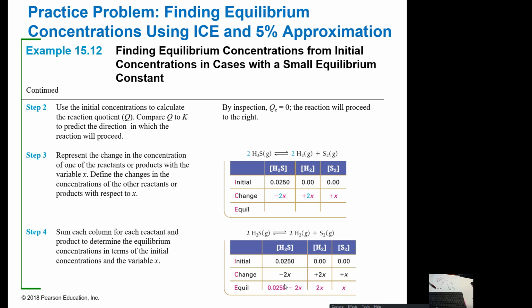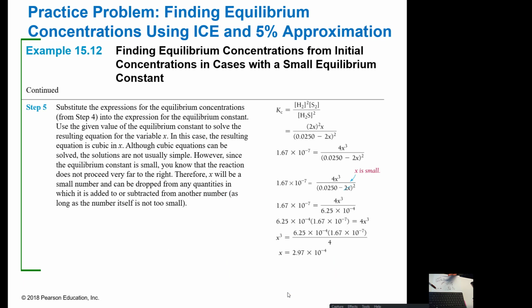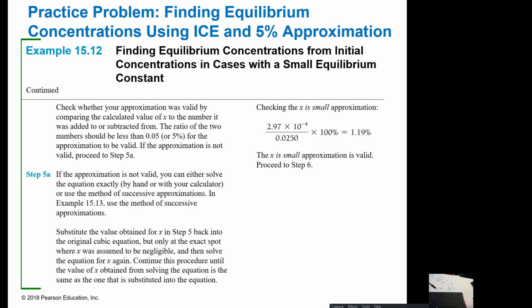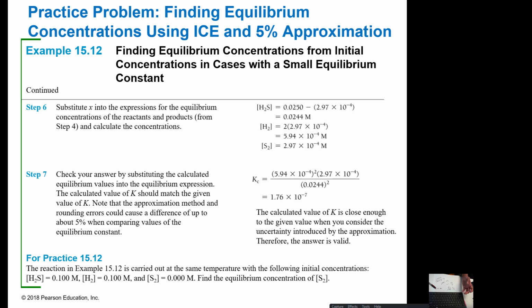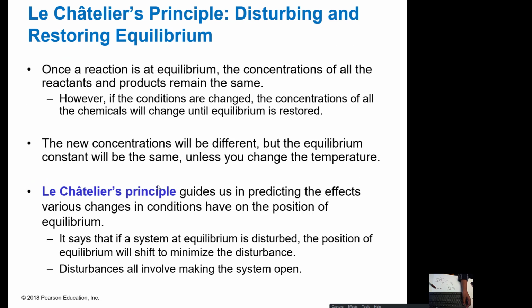See, it's 0.25 minus 2x. I assume it's 0.25. So you see that in the calculation, I assume this x is very small. And then I don't have to worry about it. I don't have to go to the quadratic equation. In the exam also, I'll stay away from the quadratic. So that's about this chapter.